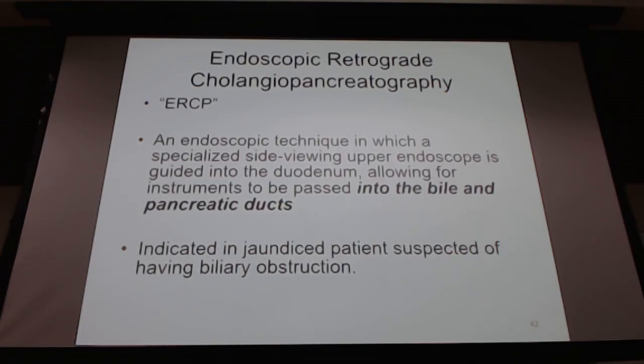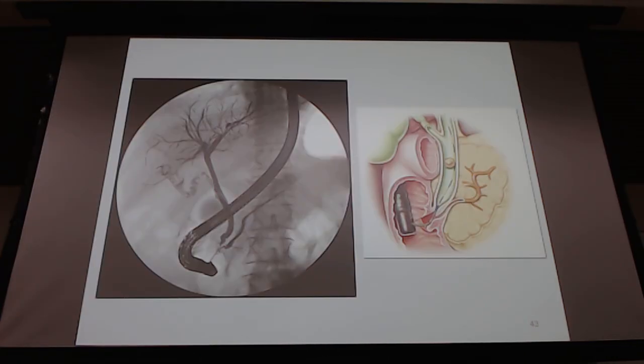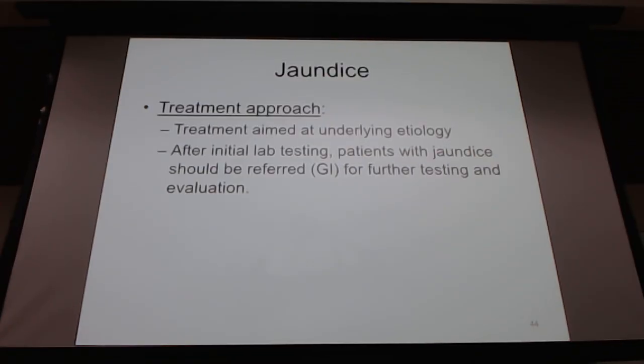So, for you visual folks who just wonder how they do that, essentially how they're going to go in and extract that, it's usually a diagnostic and therapeutic procedure. So hopefully they have the right etiology with that. If you can't get what the jaundice is figured out, we're going to send them to see a GI doctor.